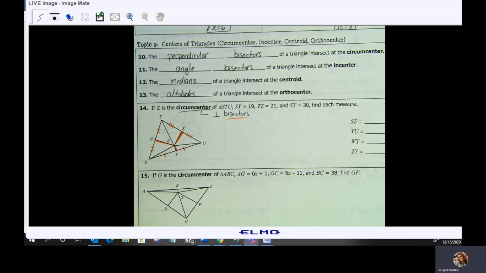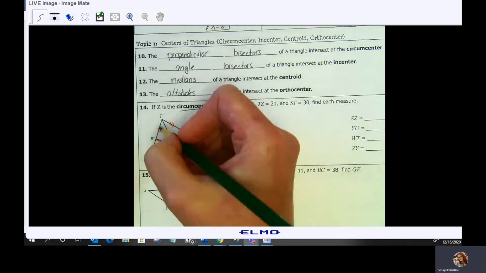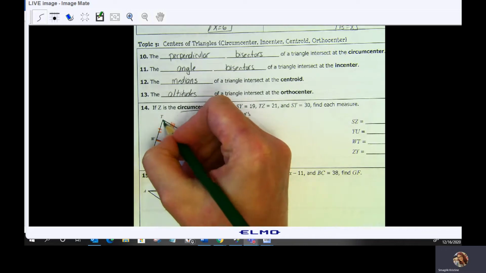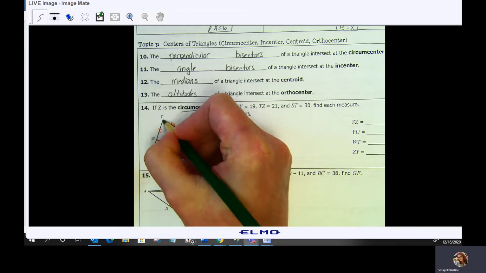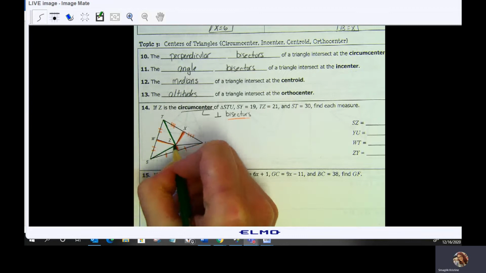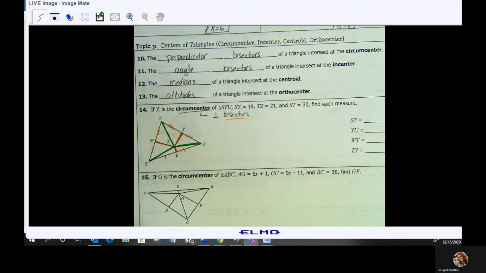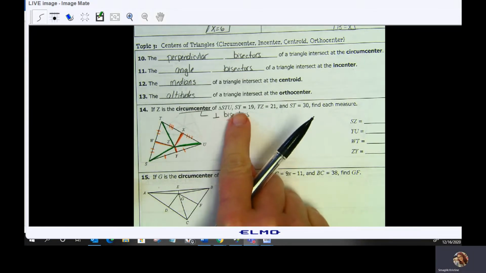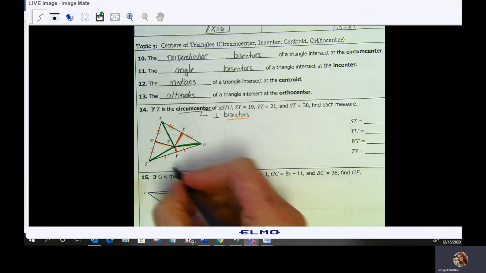We also know, because it is a circumcenter, the circumcenter is equidistant from the vertices. So that means these lines here, anything I'm putting right now in green, if it is of equal distance, that means they are also congruent. So what are we given? We are given SY equals 19.